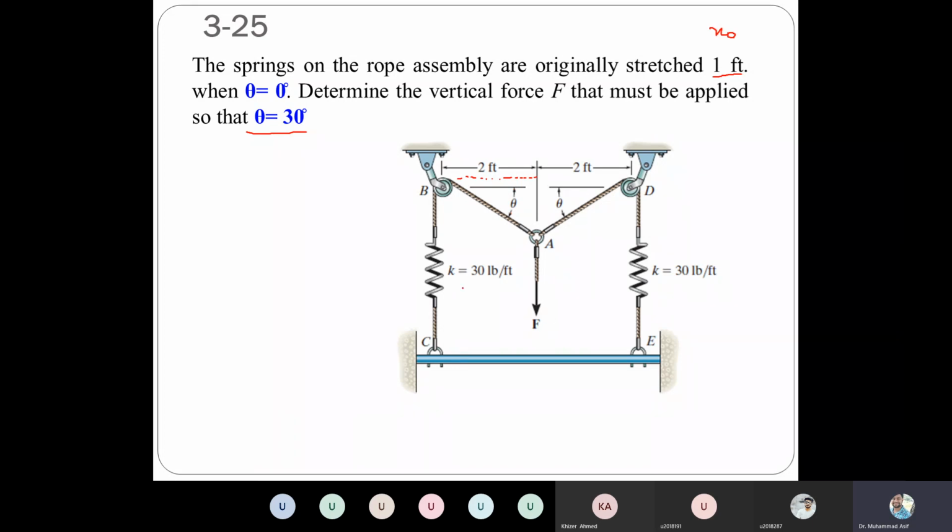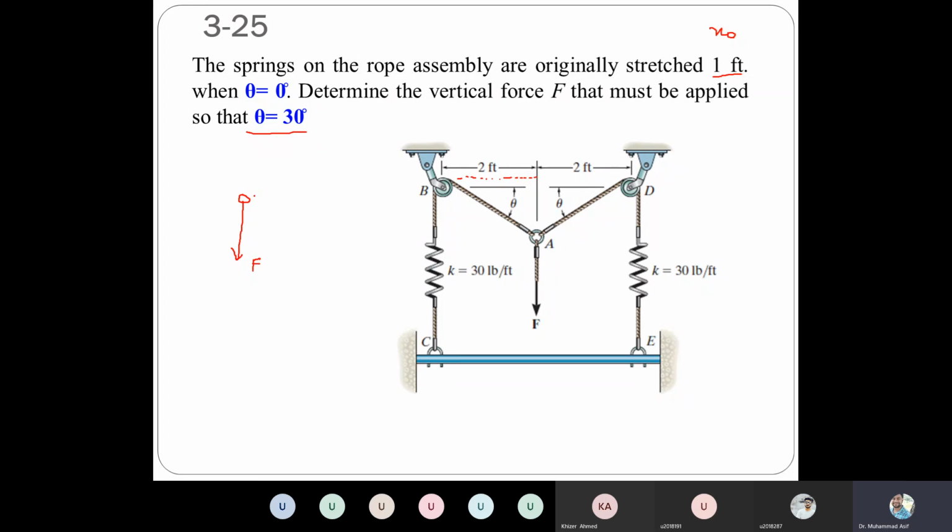Right? We have to figure this out. If this rope starts from here, this is the same force. The same force will go here. Similarly, if this rope starts from here, the same force will go up. So that means we can draw the free body diagram of ring A. The unknown force is F that we have to calculate.